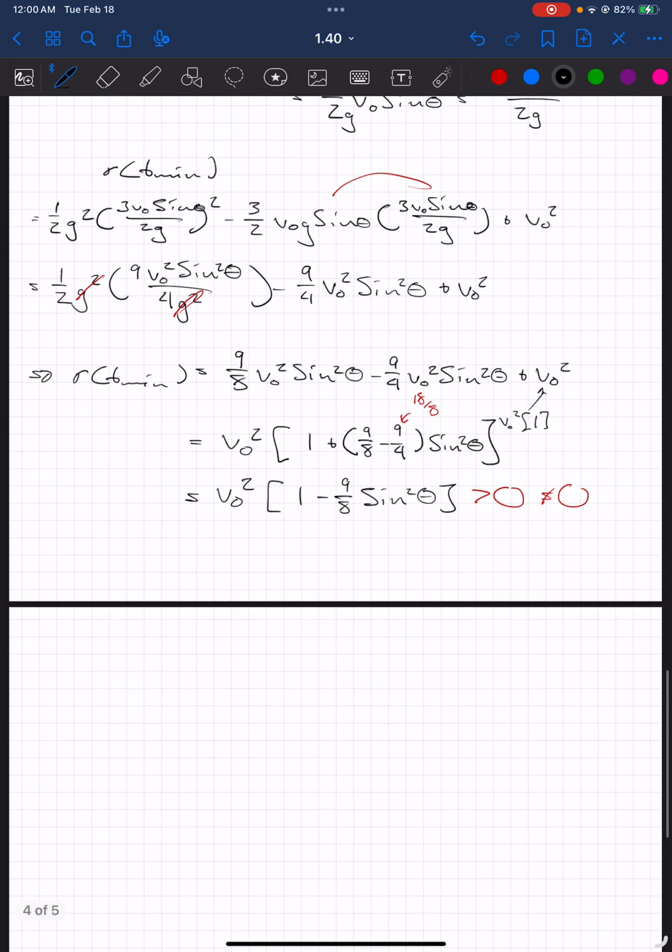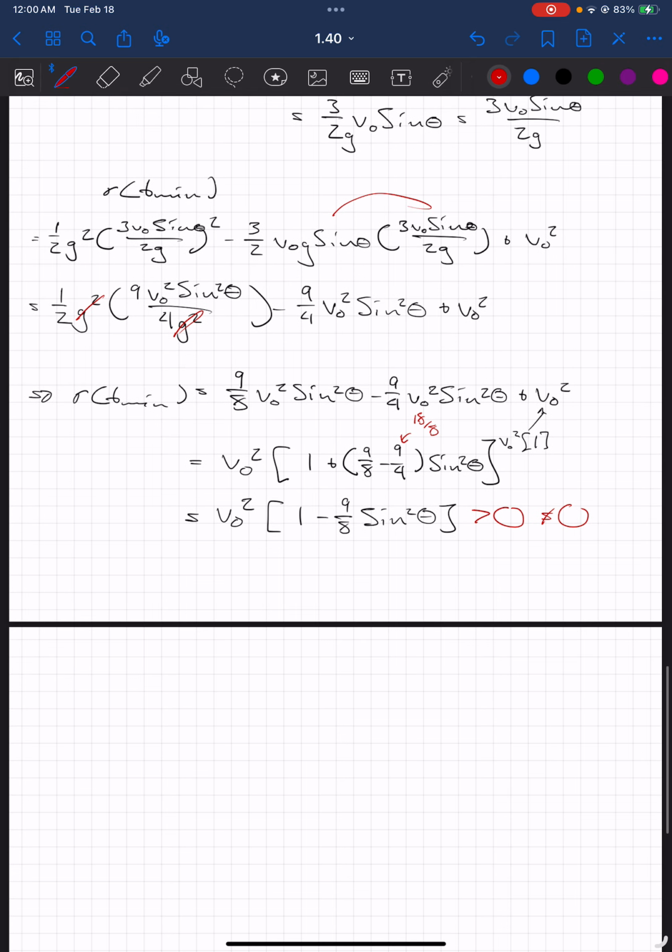The only thing that can make this less than 0 is the negative 9/8 sine squared theta being subtracted from 1. So we have that 1 minus 9/8 sine squared theta must be greater than 0.